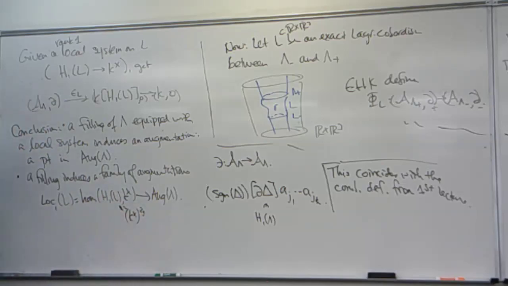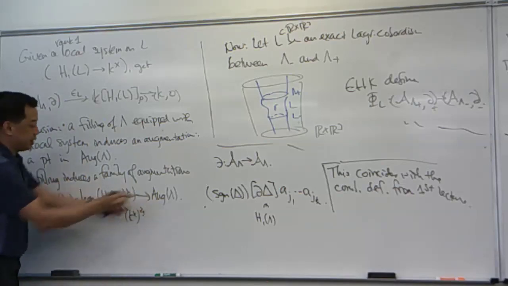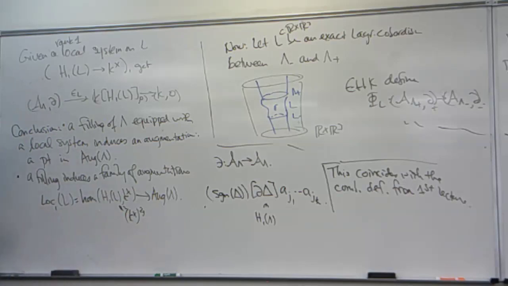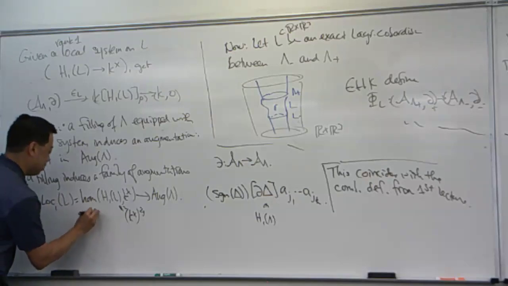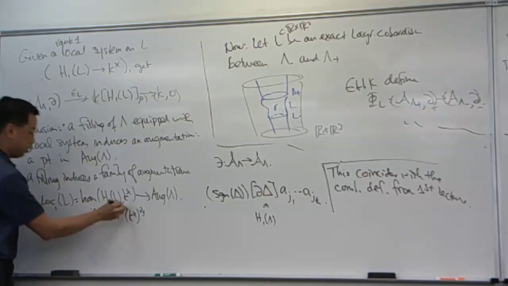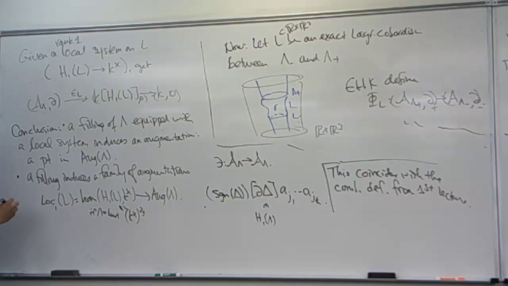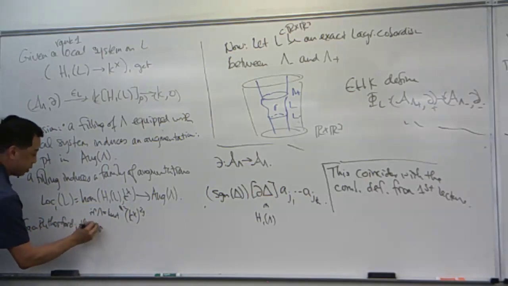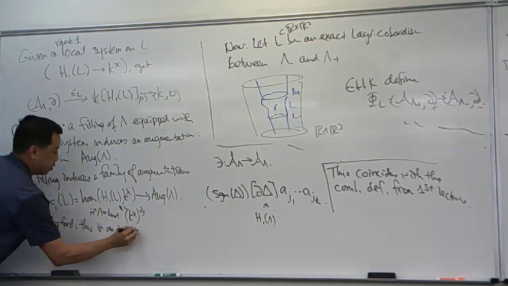So in particular, you get a map from here into there, and in nice cases, so in particular, if lambda is a knot, this is true. And then there's a result of Gao and Rutherford that says that this is an injection, suitably interpreted.